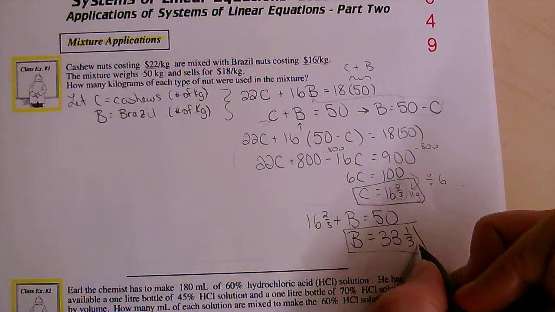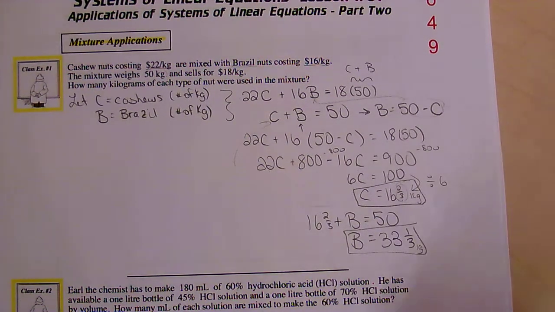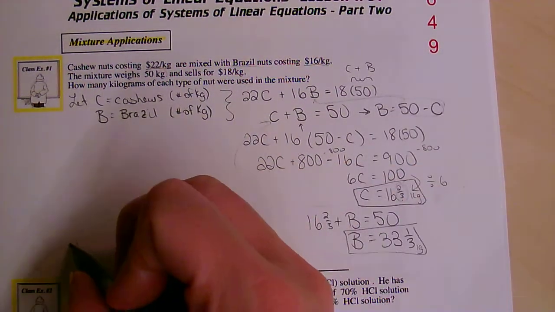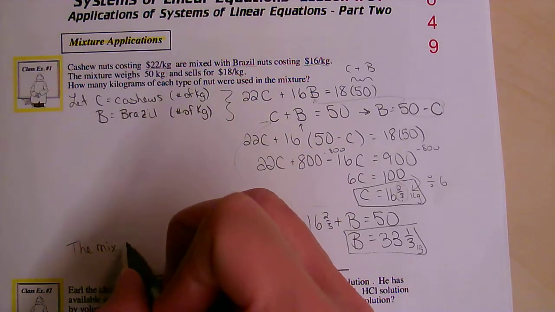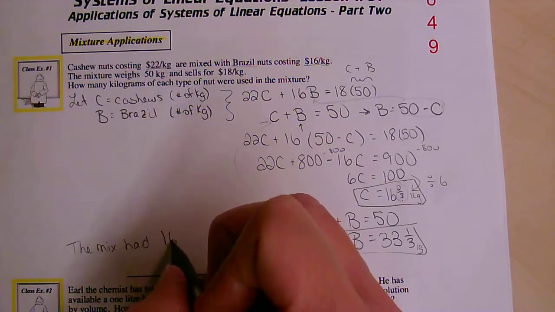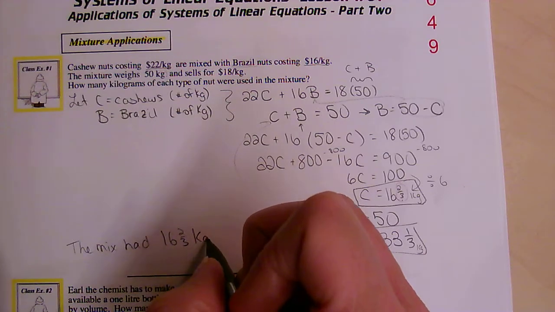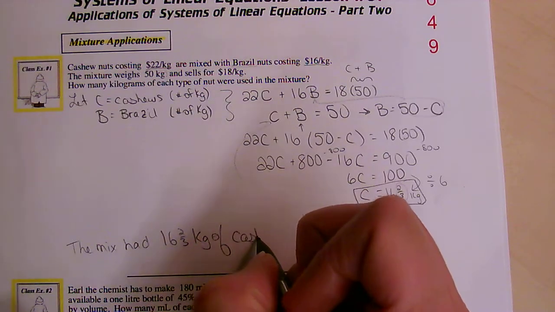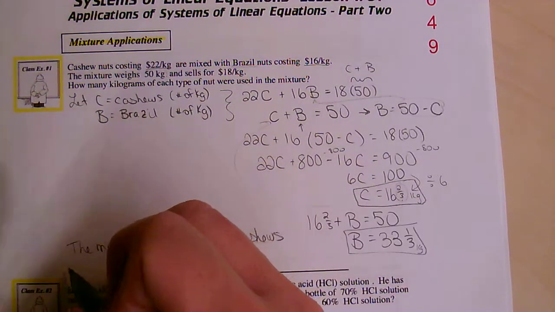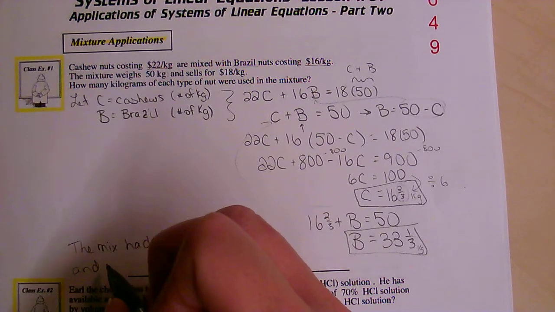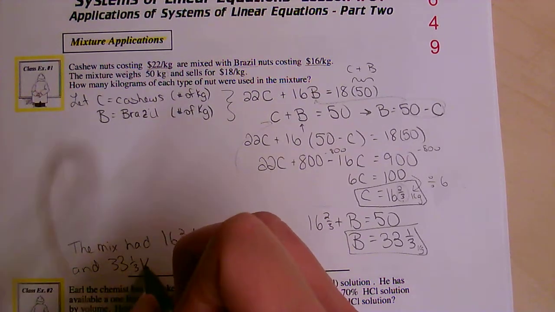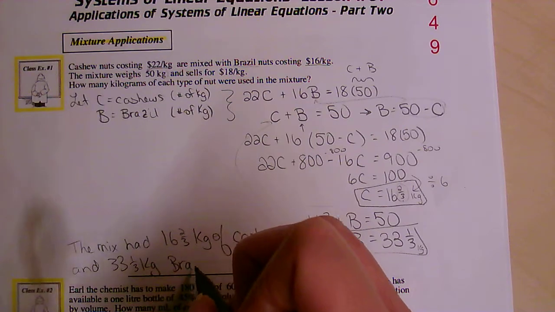There you go. So the mixture had 16 and 2/3 kilograms of cashews, bless you, just kidding, and 33 and 1/3 kilograms of Brazil nuts.